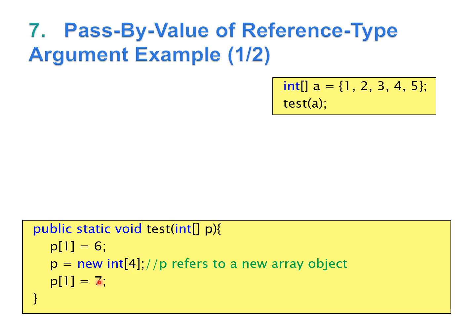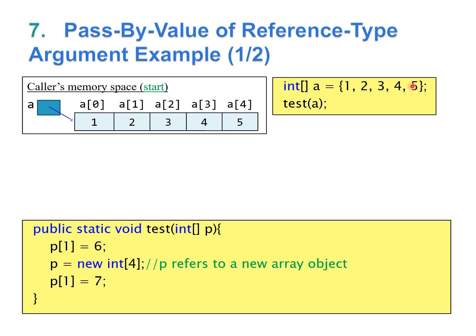Now consider a call to the test method passing an array a created in the caller as the argument. Array a was created with the array initializer with element values 1, 2, 3, 4, 5. So in the caller's memory space, it has memory allocation for the array object itself and the memory allocation for variable a.